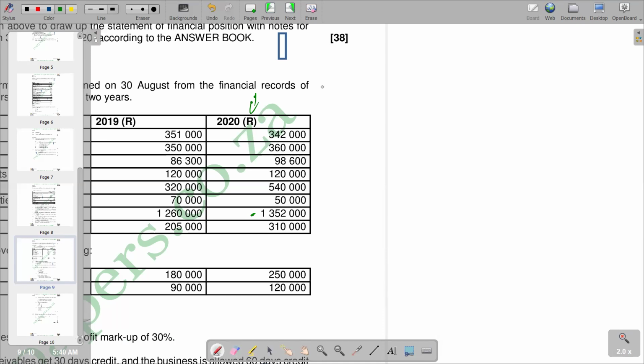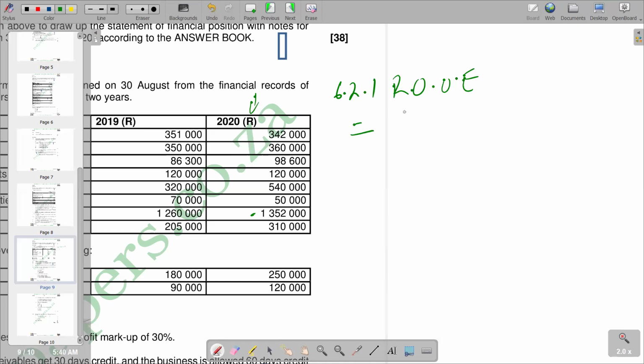So we are saying on this question, which is our 6.2.1, the formula of rate of return on owner's equity is equal to net profit over average capital.